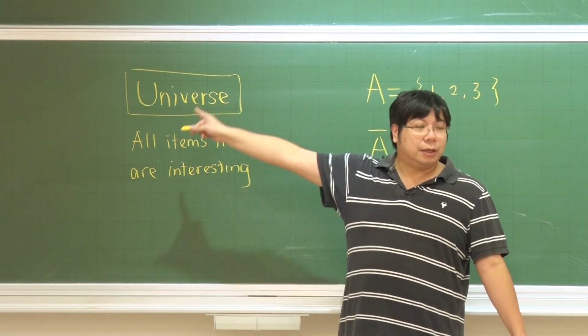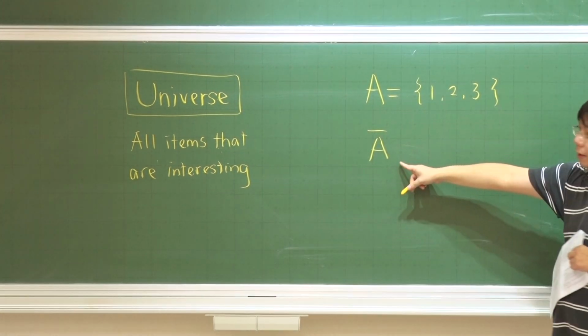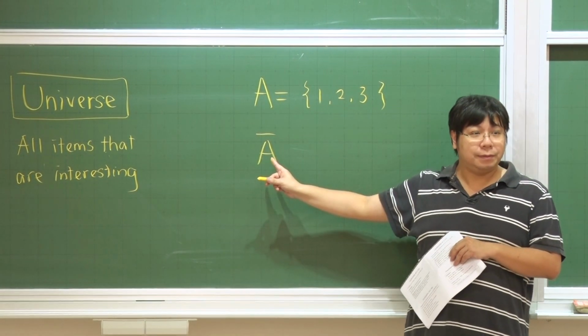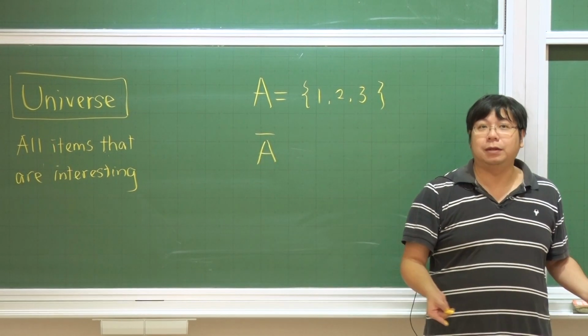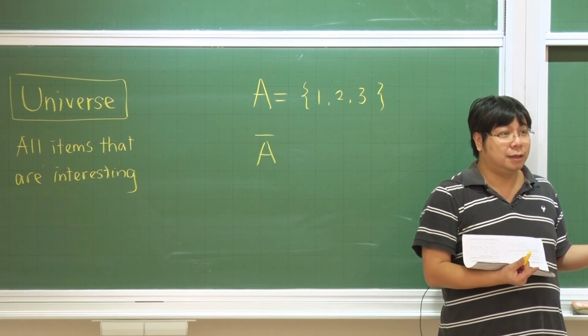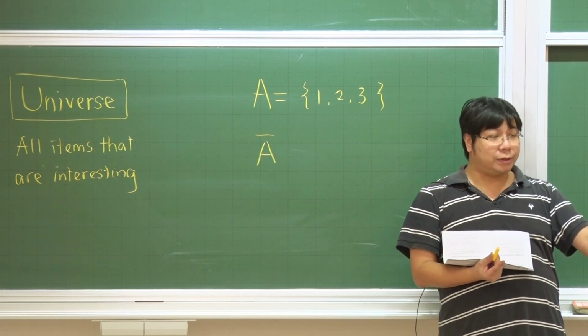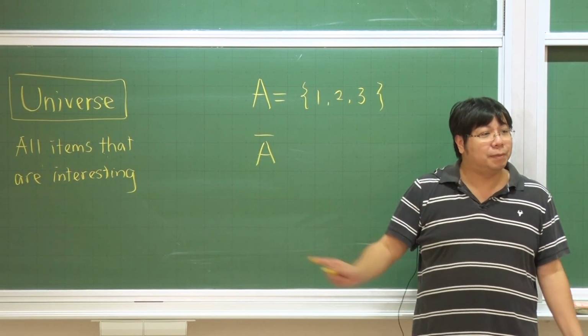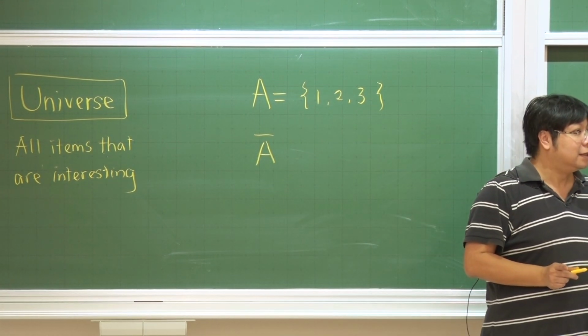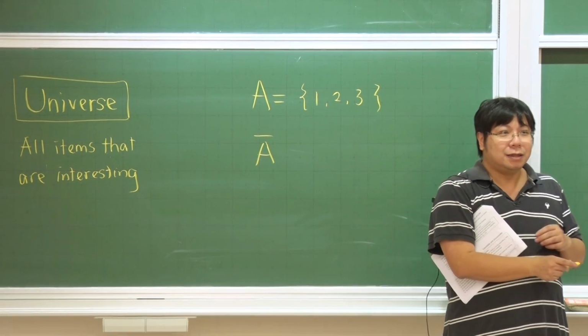In order to define the complement of a set A, we need to define the universe at the beginning. Once you have the universe, you can define the complement. Is that okay? It is like the domain.